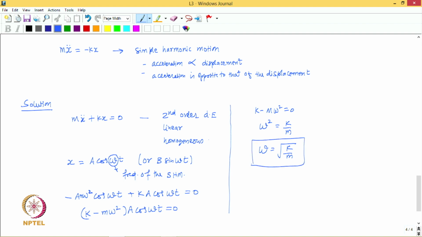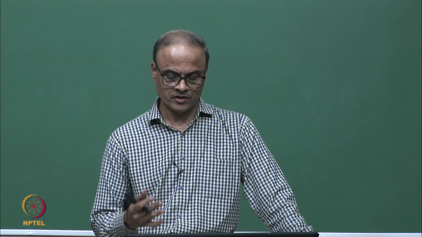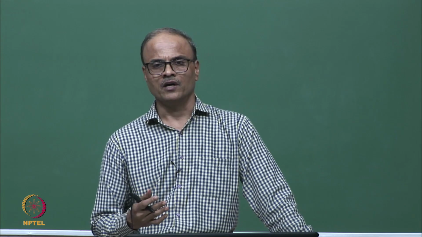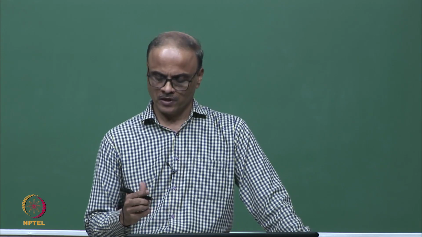So, therefore, the interpretation of this is that x is equal to a cos omega t would indeed represent the solution of this differential equation, or it would represent the motion of the vibratory system if the frequency omega of the motion is under root k by m.